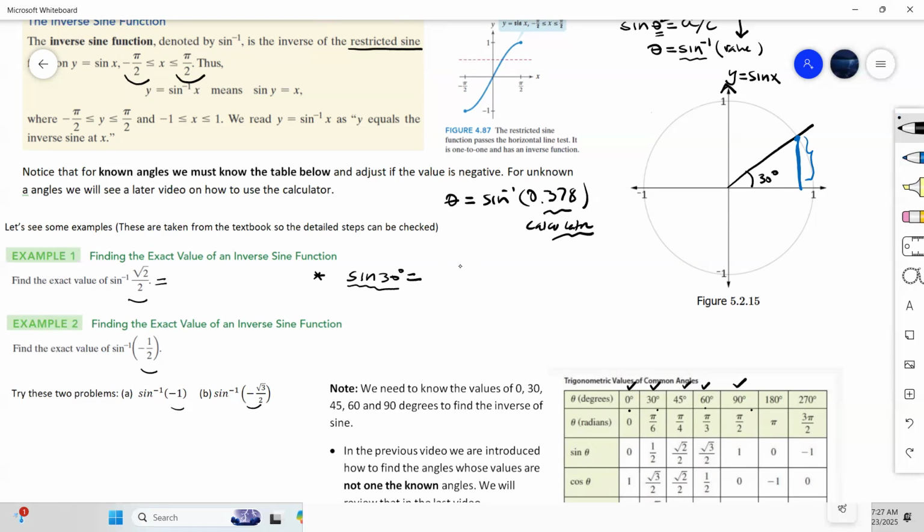So the answer to this is going to be a value. When you're asked sine inverse of 0.5, this is what you are being asked. Let me show you.